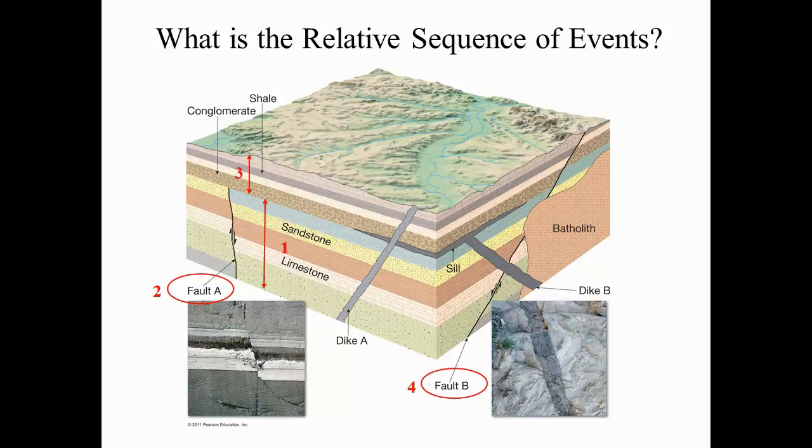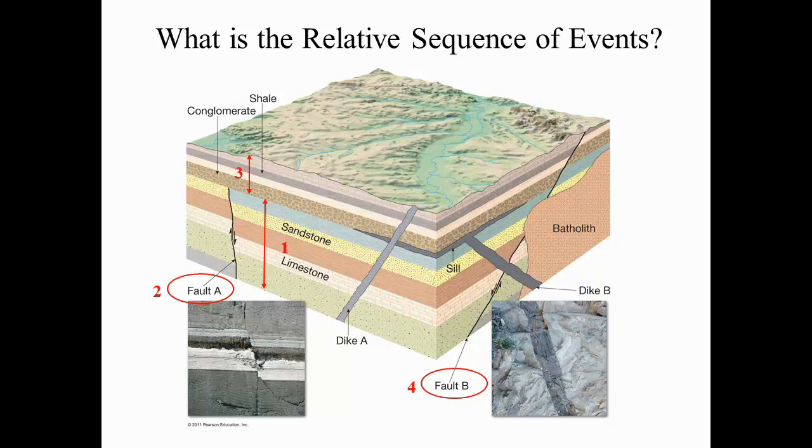Notice that dike B and the batholith both cut fault B, and so those two features have to be younger. Now, between dike B and the batholith, which is older?